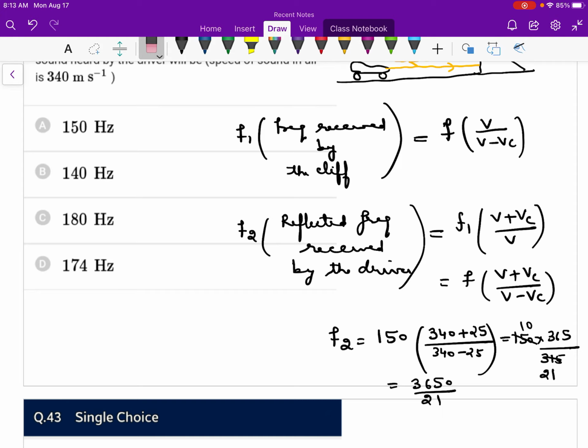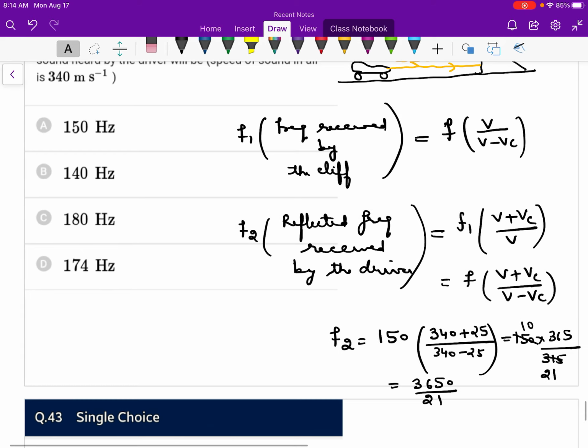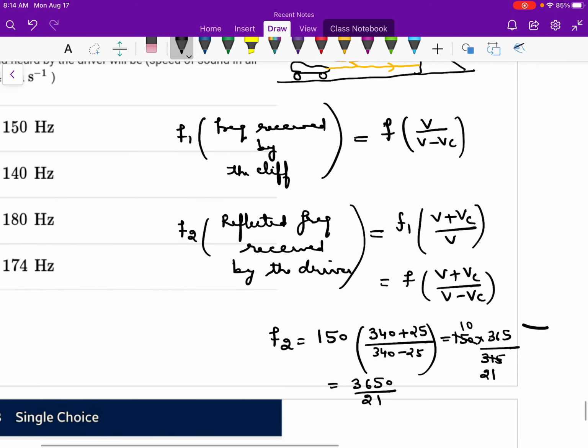Okay, so 21 8s are 168, 21 ones are 21, remainder is 15, 155. 21 7s are 147.